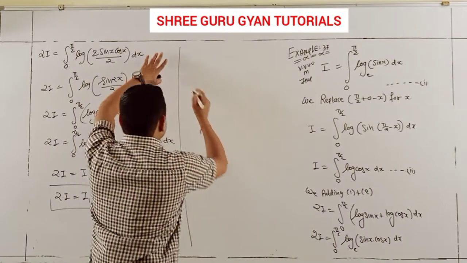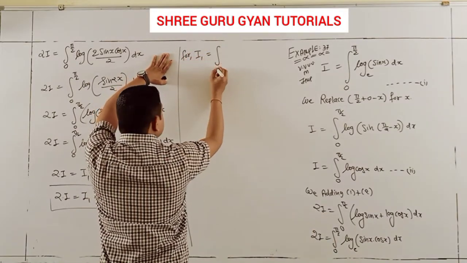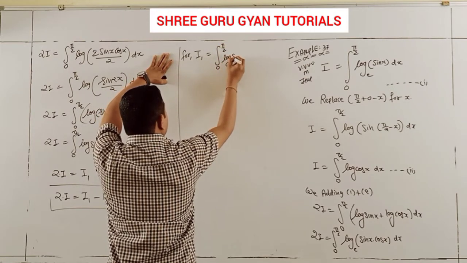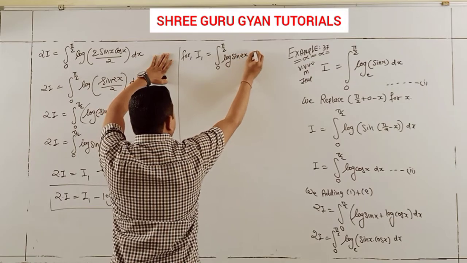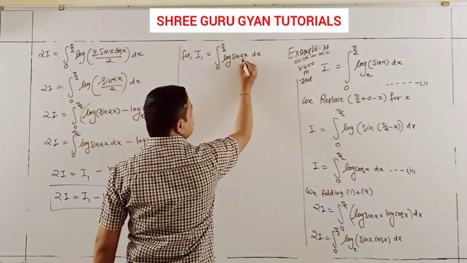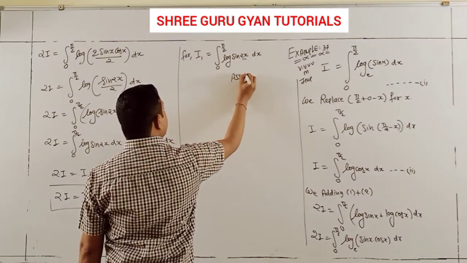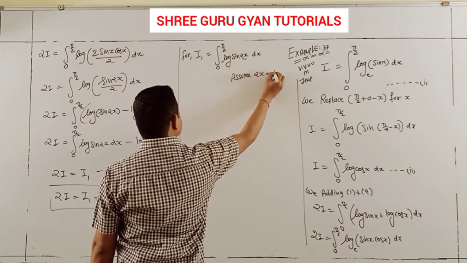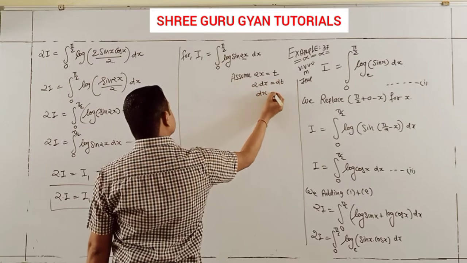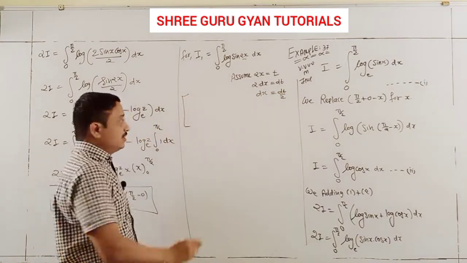So students, I start with only I1. I1 is what? 0 to 90, log sin 2x dx. Students, this 2x I just substitute, assume 2x is t, 2 dx is dt. What is dx? dt by 2, and change the limits.